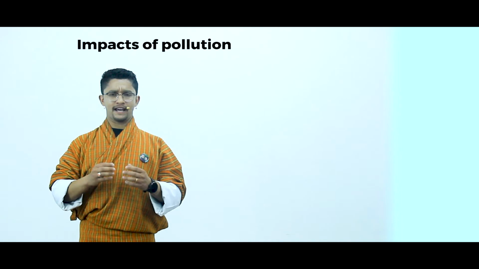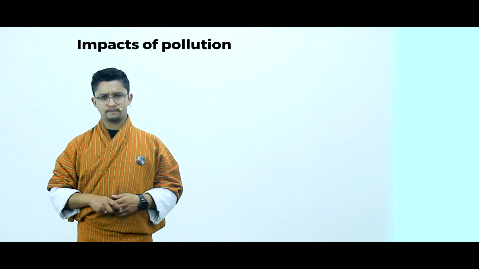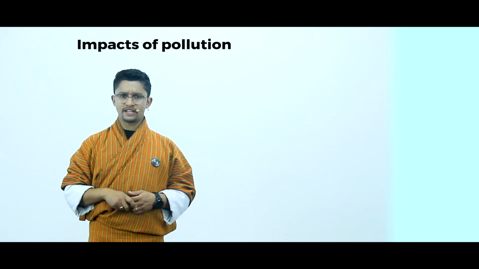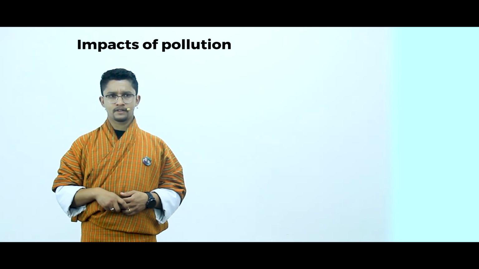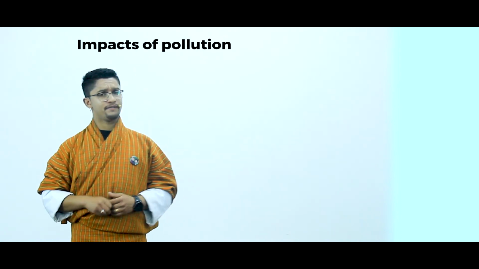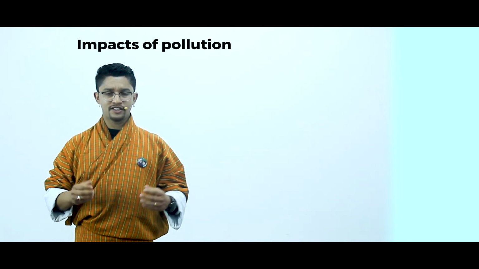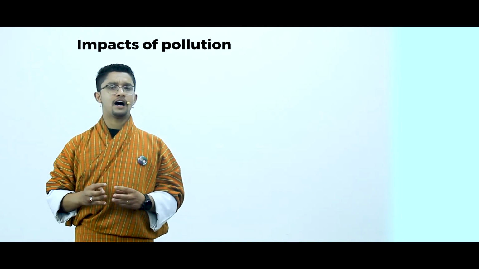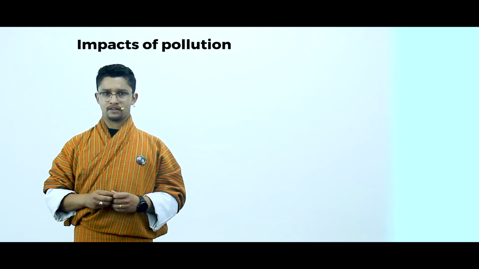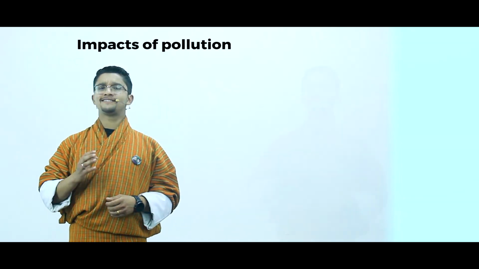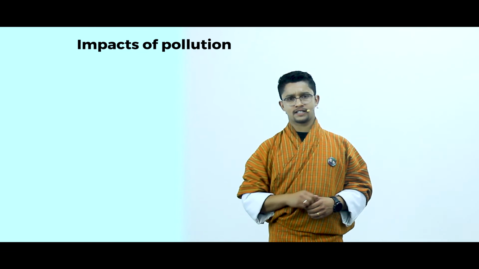As we talked a lot about pollution and pollutants, now let us look at some of the possible impacts of pollution. Can you think of some of them? Have we seen some of the impacts? I would say yes. There are a lot of impacts which are seen but are not realized.